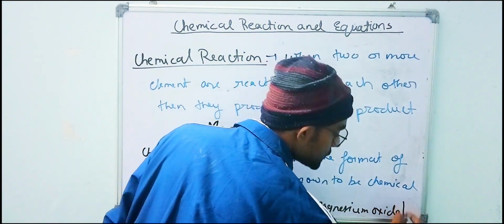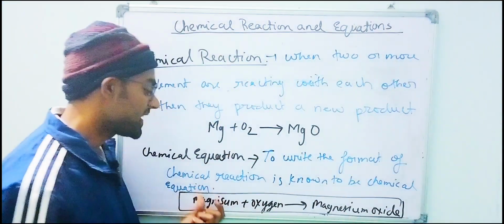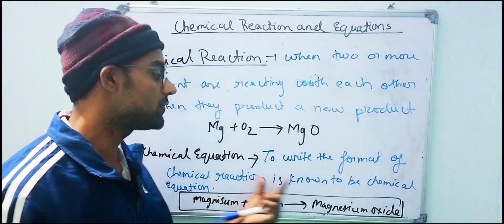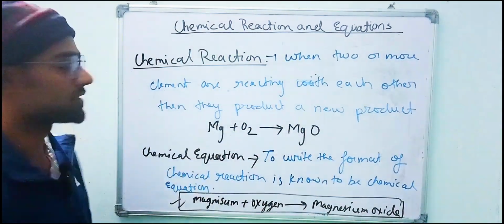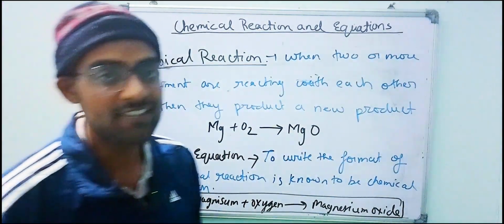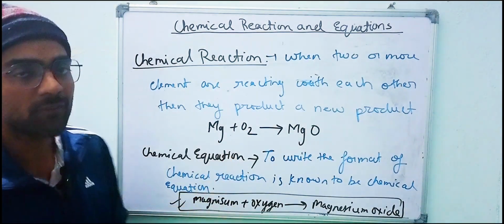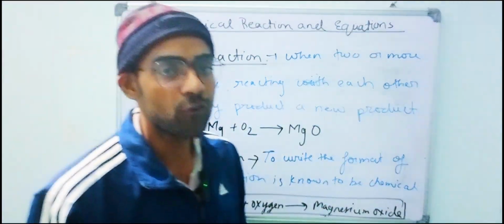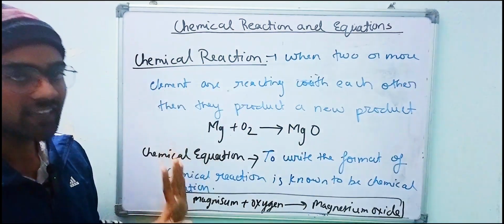So the format which I have written, that magnesium reacts with oxygen, then it will produce magnesium oxide, this is a chemical equation. So basically a chemical reaction is the reaction which is actually taking place, but in the case of a chemical equation we are writing only their format.